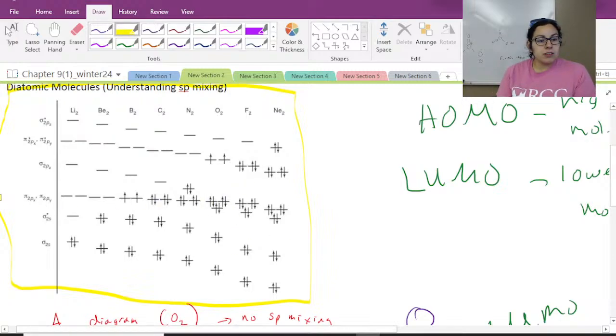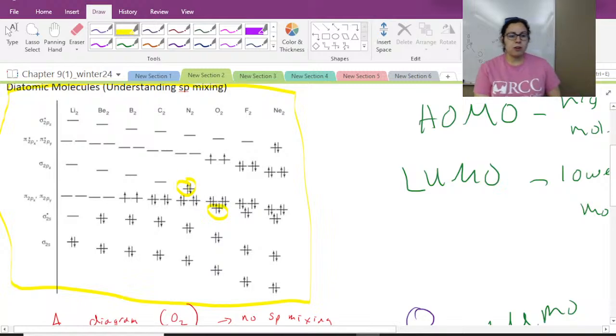It's really nitrogen on down has all this same pattern. But what do you notice? Exactly, right? So these things switched.